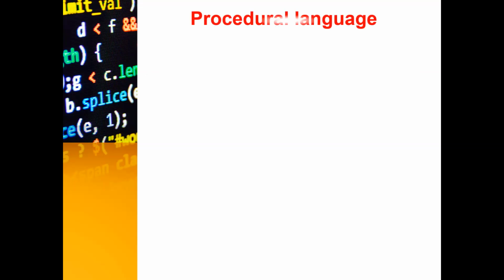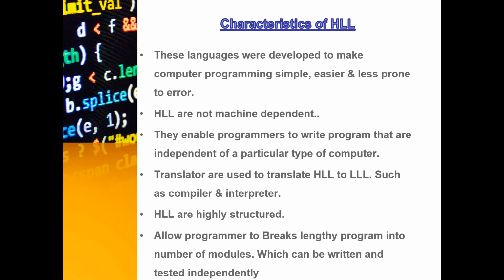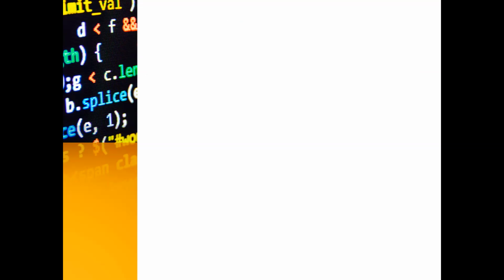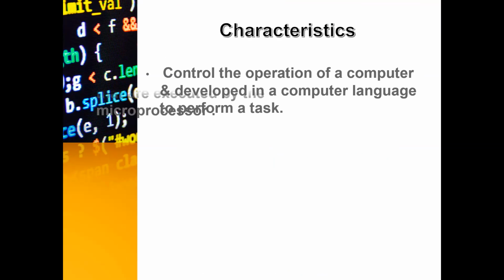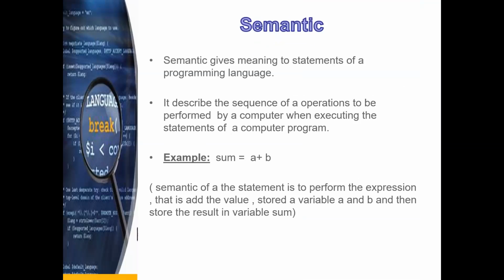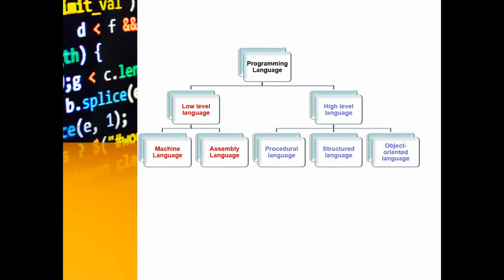Next, we have learned the three types of high-level programming languages. High-level languages have three types: procedural, structural, and object-oriented.